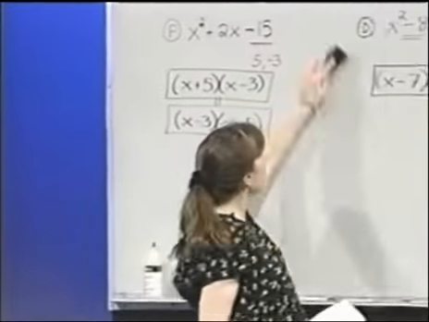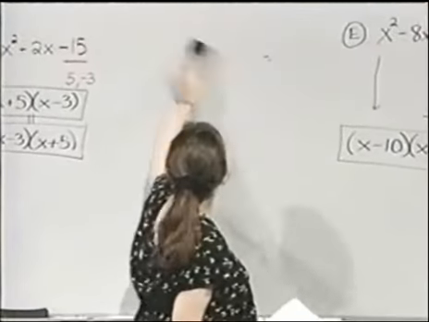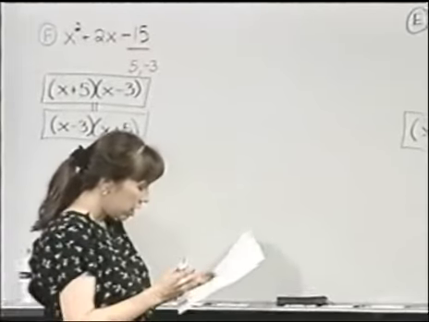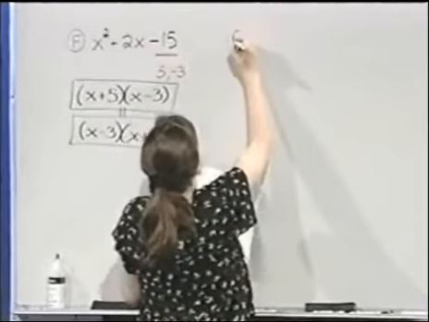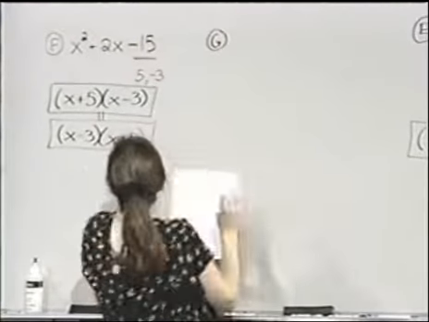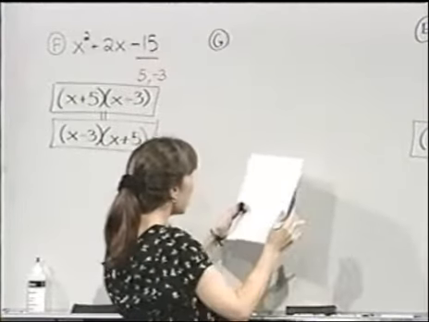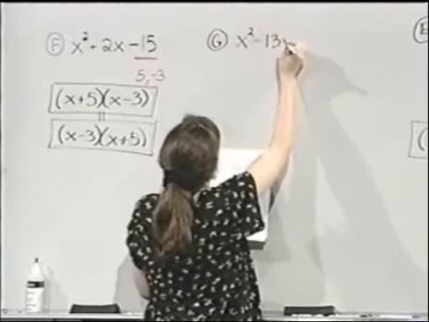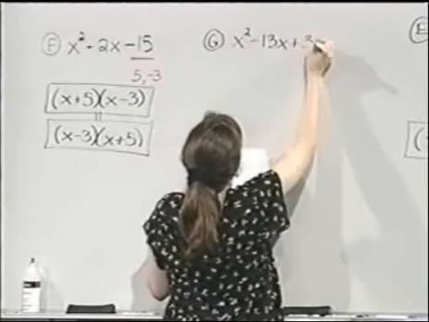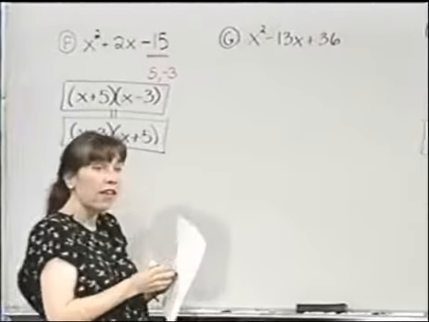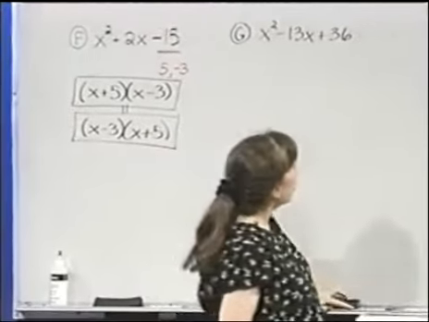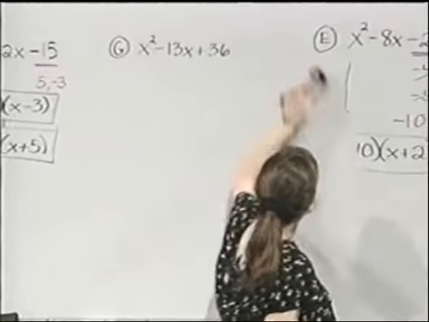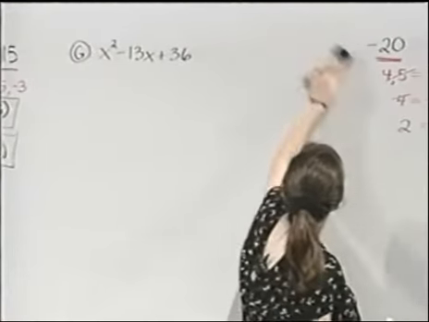Okay, let's look at a couple more trinomials. Let's look at example G. Example G reads as follows: x squared minus 13x plus 36. Everyone should try to do that on their own first.